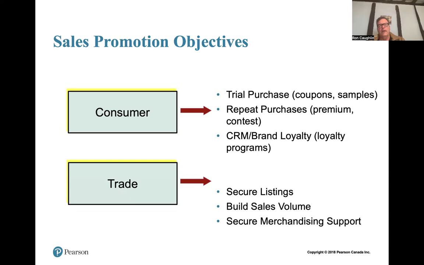In addition, you may have trade promotions where you're securing maybe some listings, building lists, building sales volume, securing merchandise support, motivating sales teams. It all depends. But generally, these are the two main categories and the promotional objectives that usually are aligned with these type of approaches.